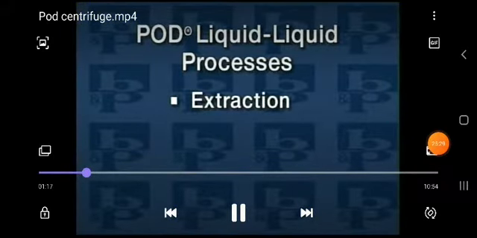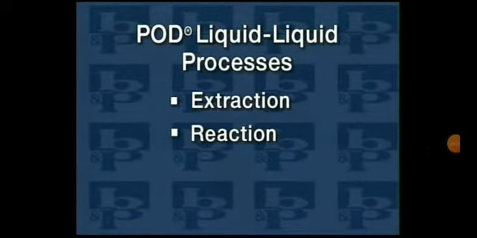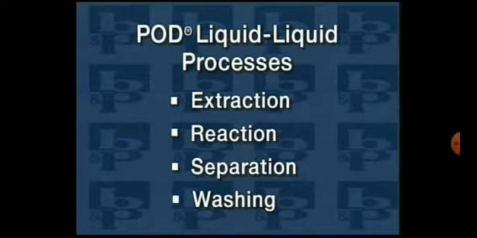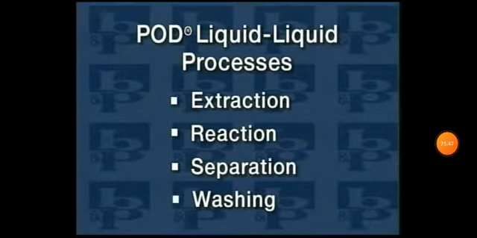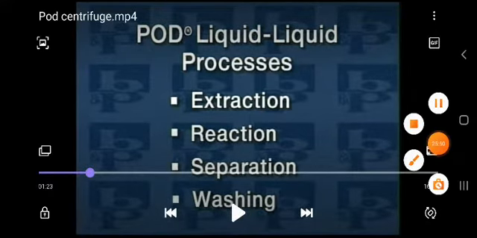This is basically useful for the liquid-liquid extraction process, the reactions and their separation, as well as for the washing. So the steps of operation include extraction, reaction, separation and washing.